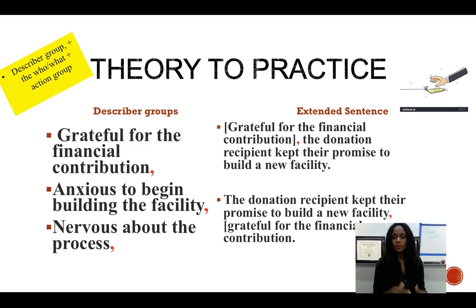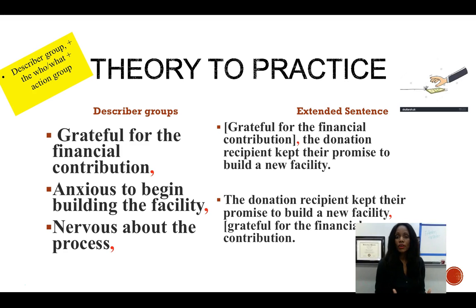If you look at the bottom sentence, you'll notice that we put the same phrase at the end of the sentence, connected by the comma. So: "The donation recipients kept their promise to build a new facility, grateful for the financial contribution."